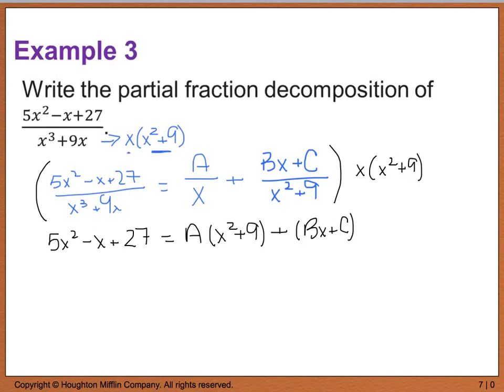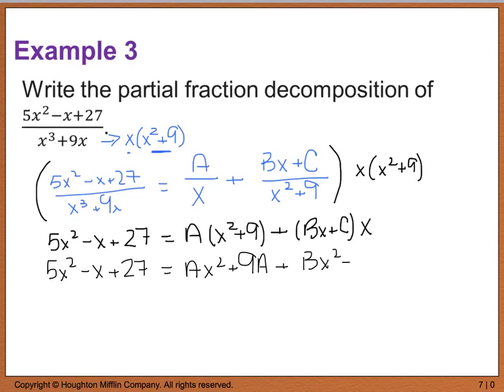And then my x squared plus 9s are going to cancel, but I am going to be multiplying that by x. So now when I go to simplify, I have 5x squared minus x plus 27 equals ax squared plus 9a plus bx squared plus cx.